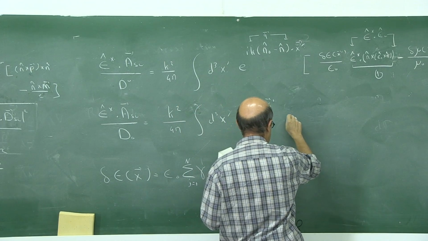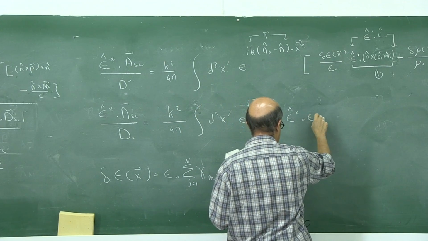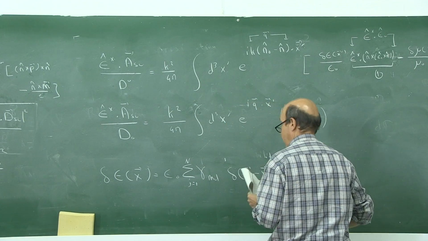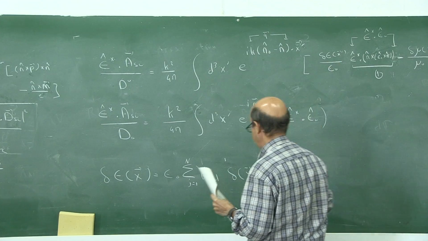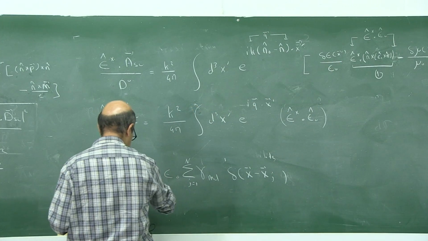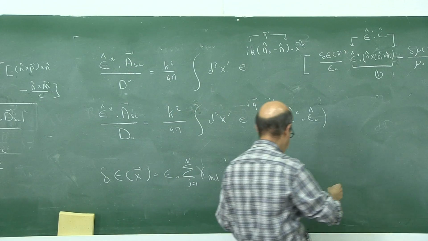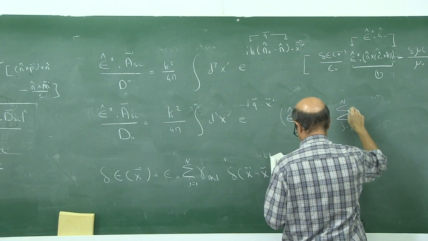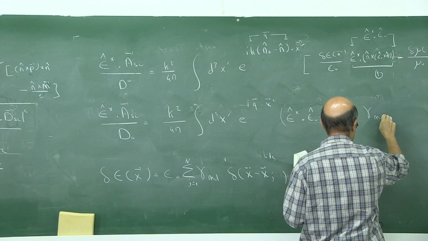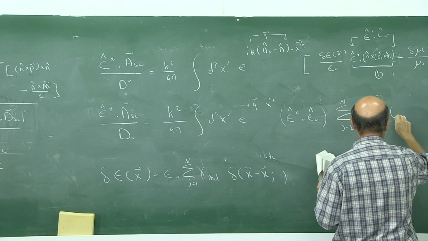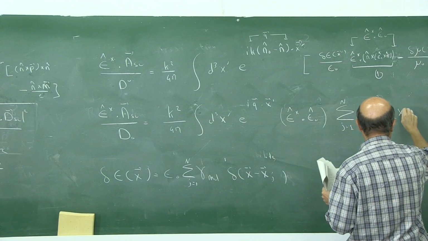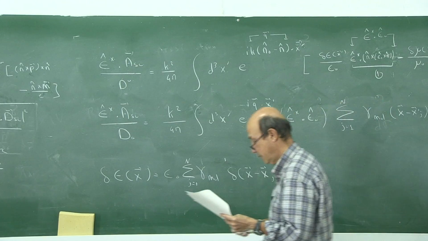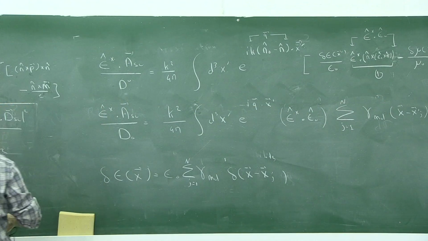Then the polarization after the scattering dot before the scattering. And what else? Variation in the dielectric constant over epsilon 0, that is nothing but summation j from 1 to n of gamma times delta function of x minus x prime j.